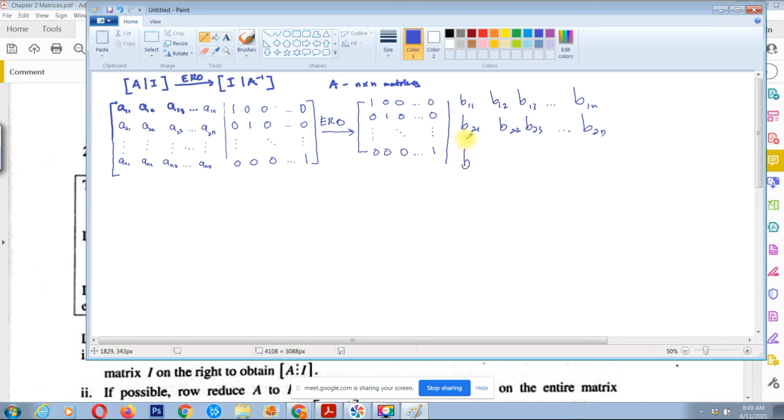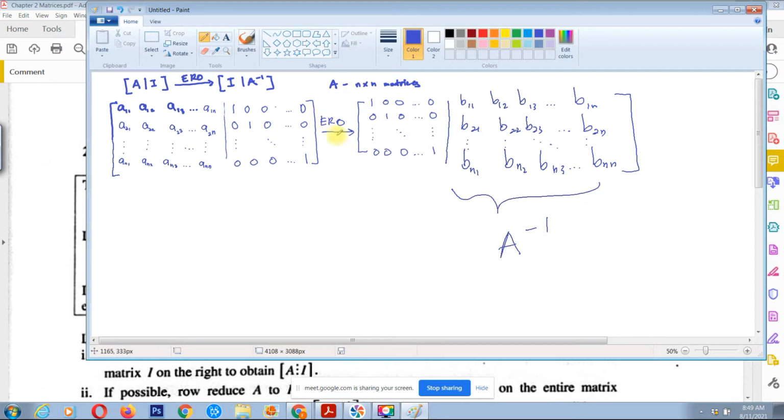So B dot dot dot, Bn1, Bn2, Bn3, dot dot dot, Bnn. So this is our inverse matrix. So this belongs to A inverse.